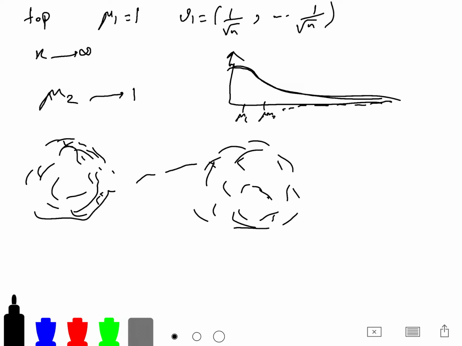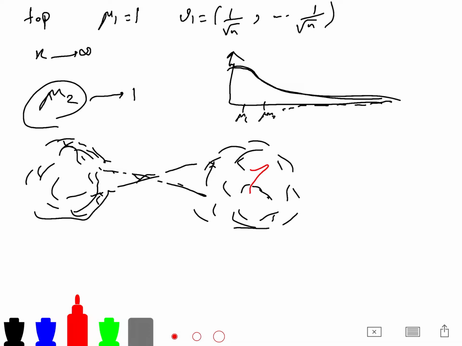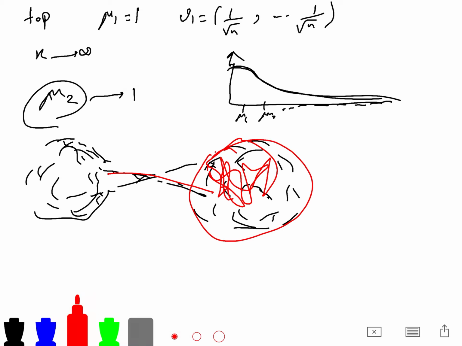And of course, there are some connections, but few of them. When you say that your mu 2 is very close to 1, it means that your heat is trapped. It goes here, very rarely goes here. So most of the time, it's in this cluster.